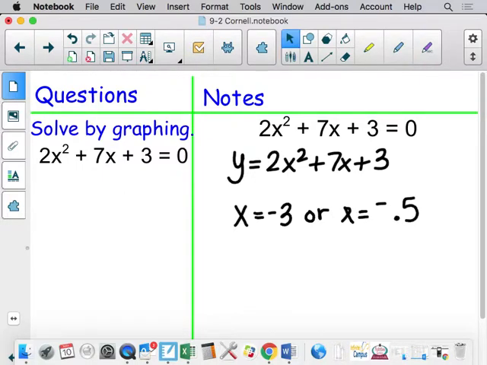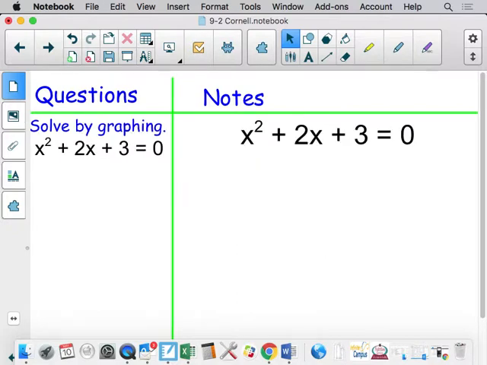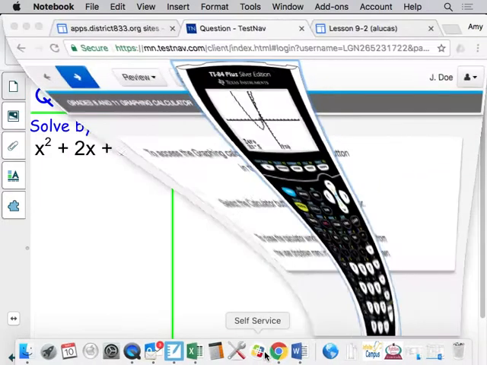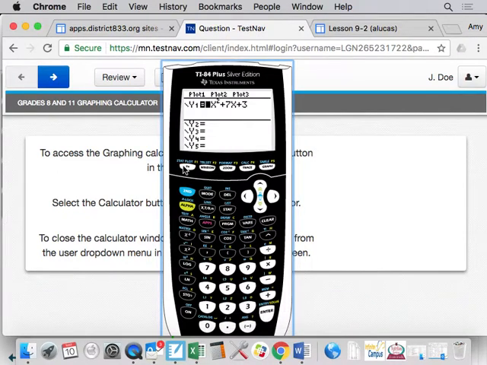All right. My last example, x squared plus 2x plus 3 equals 0. So y equals x squared plus 2x plus 3. Oh, this one doesn't have any.